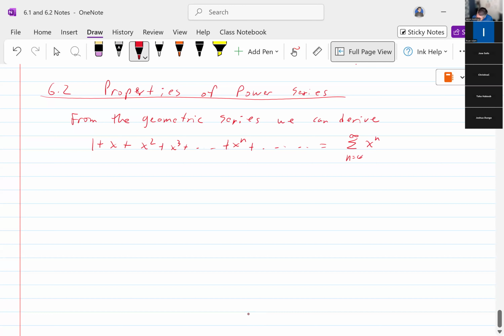This has a sum of 1 over 1 minus x, if x is the common ratio, where the absolute value of x is less than 1.